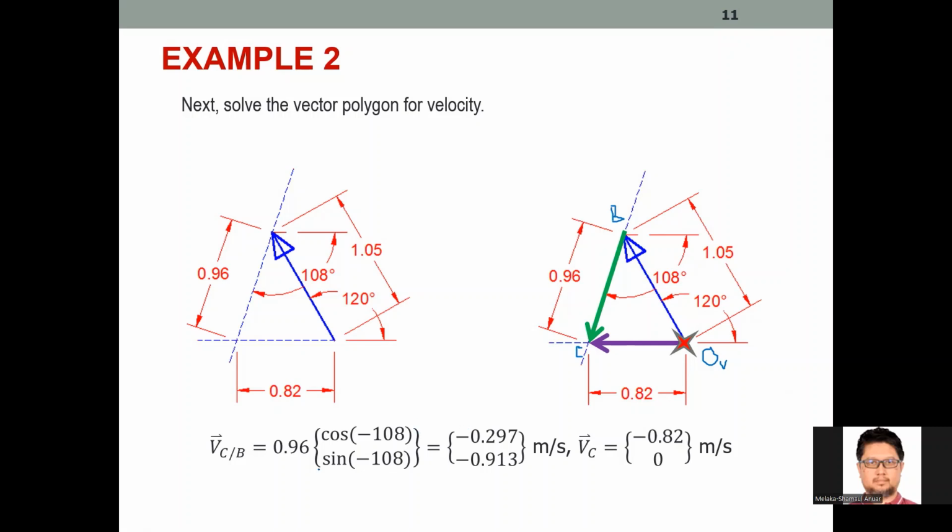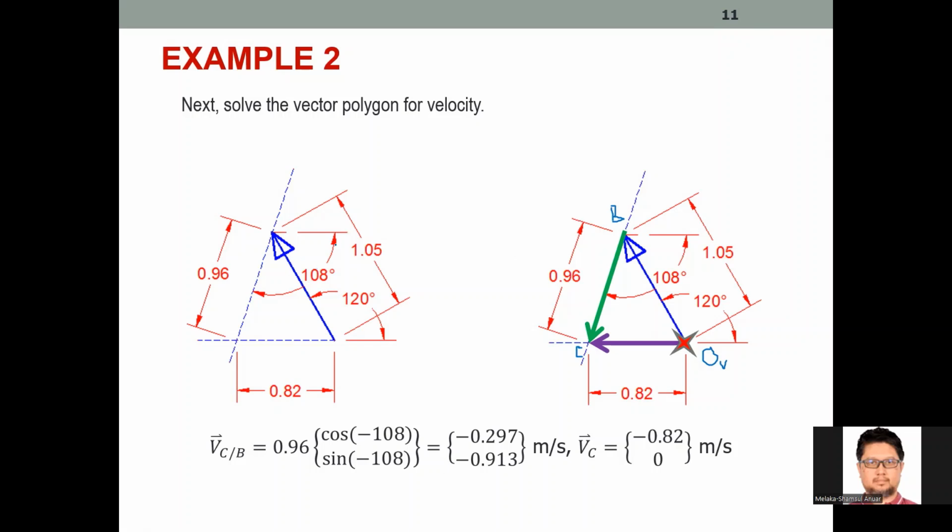So, yep. So if I use this is the angle, negative 108. Why?